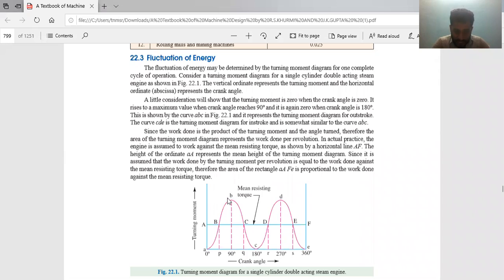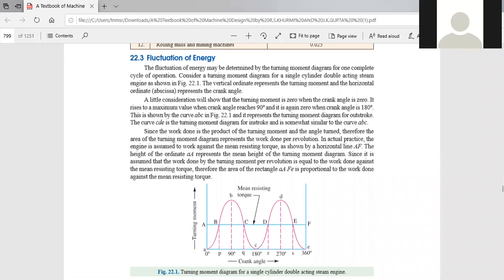These fluctuations give rise to this fluctuation of energy. Understood? What is fluctuation of energy? That is variation of T versus theta. That is fluctuation of T versus theta above and below the mean torque line throughout the complete rotation of crank angle is nothing but fluctuation of energy. Fine? Any doubt?